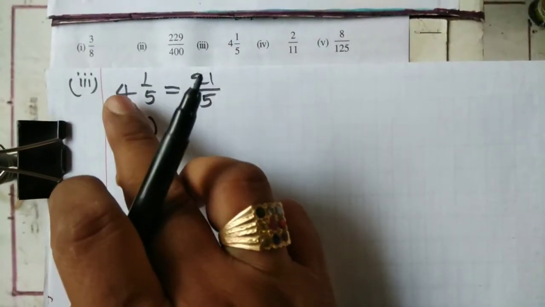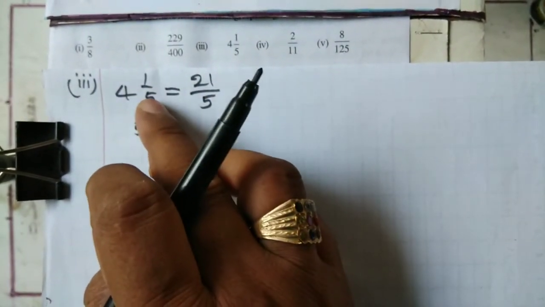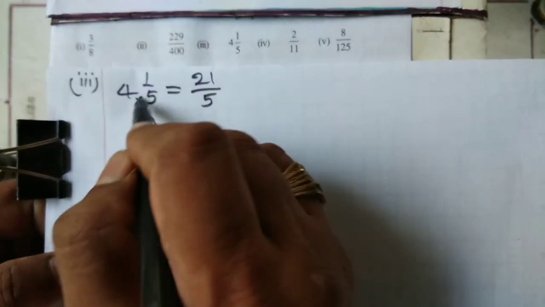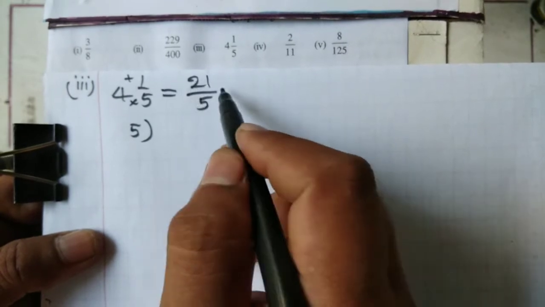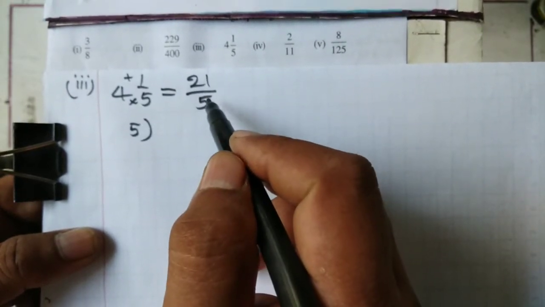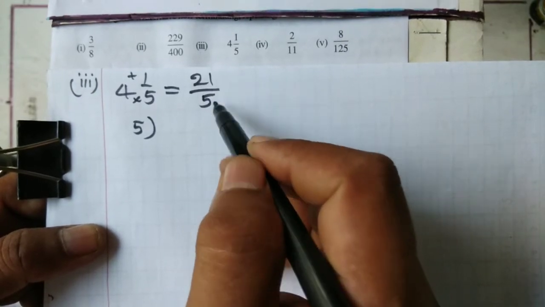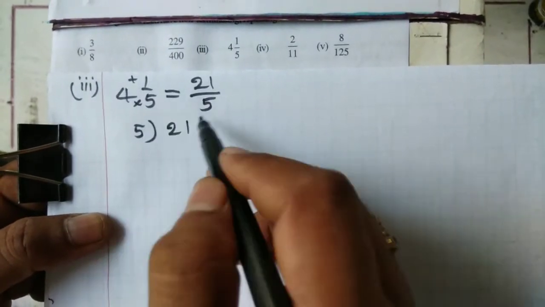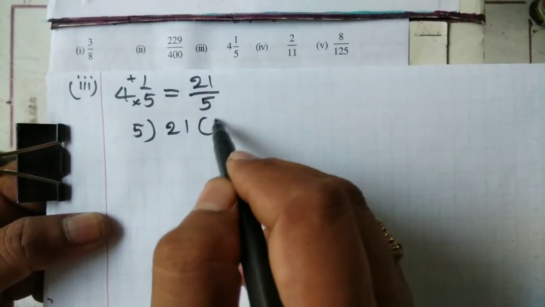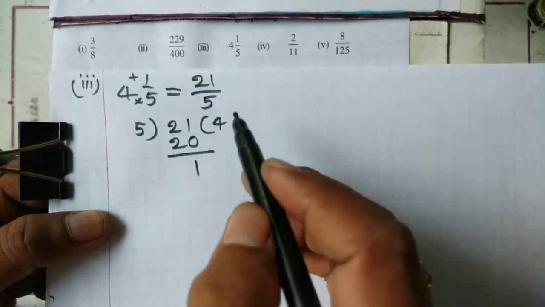Third problem, 4 1 by 5. We have to convert into mixed fraction. 5 4s are 20 plus 1, 21 by 5. So we got an improper fraction. In this improper fraction, we have to divide numerator by denominator. 5 4s are 20. 1.